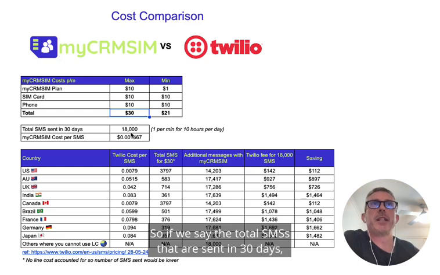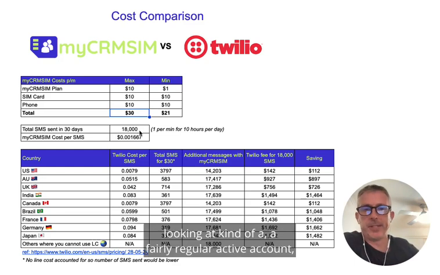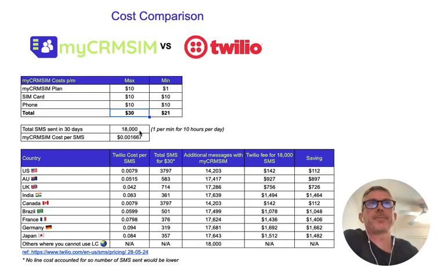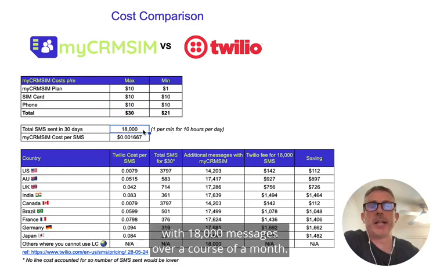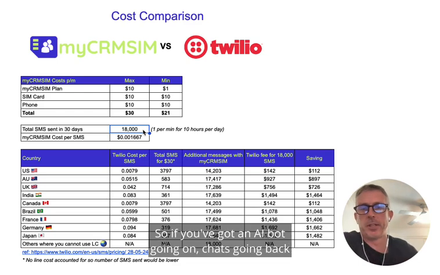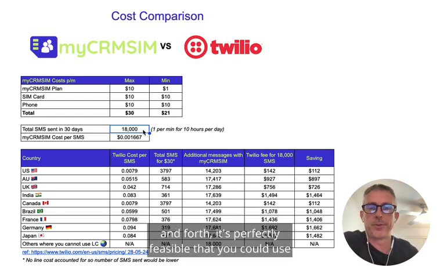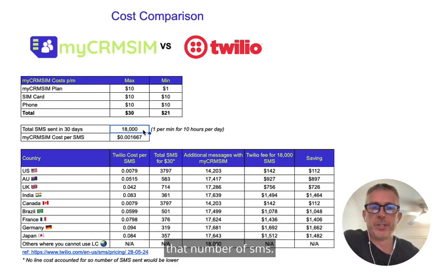So if we say the total SMSs that are sent in 30 days, looking at a fairly regular but active account, if there was one message sent every minute for 10 hours per day, you're going to end up with 18,000 messages over the course of a month. So if you've got an AI bot going on, chats going back and forth, it's perfectly feasible that you could use that number of SMSs.